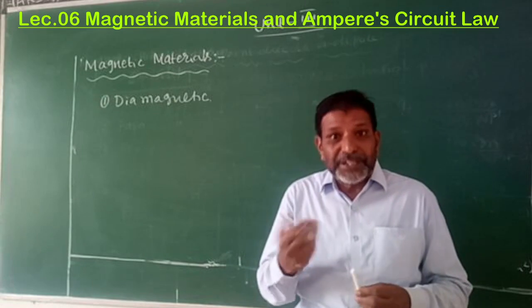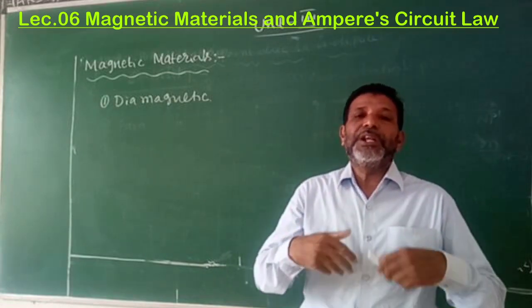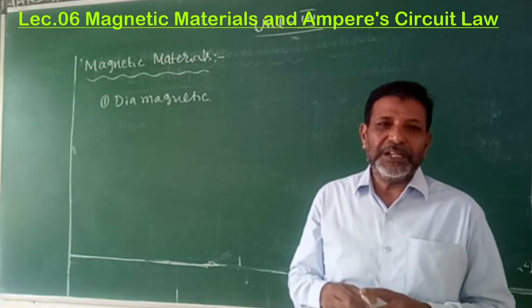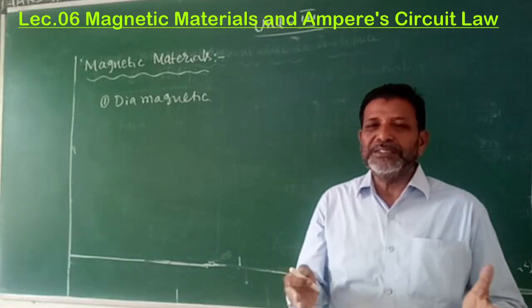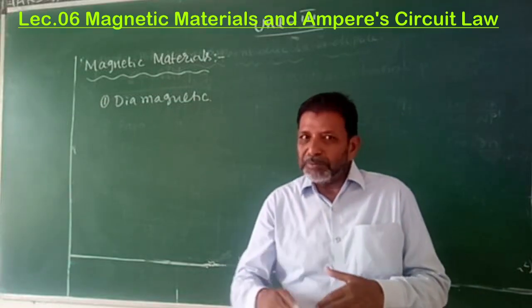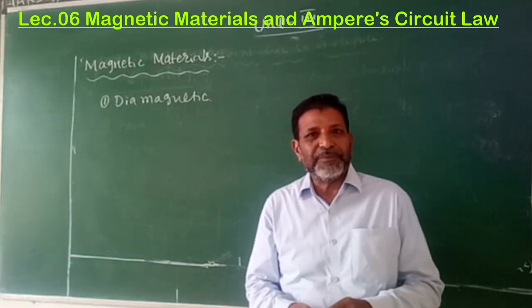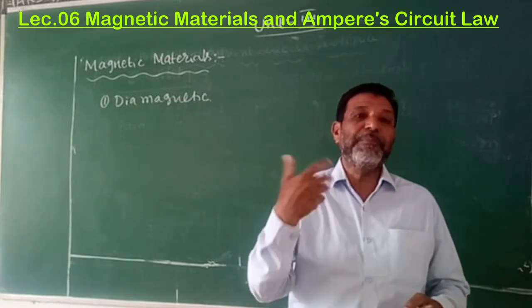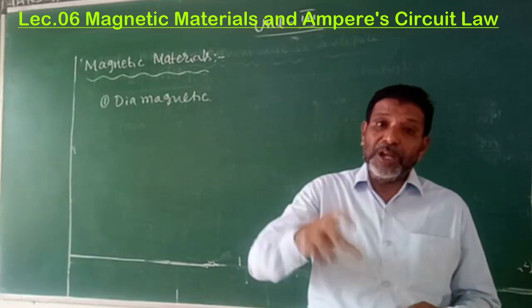And there are some materials which do not at all exhibit magnetic property, like rubber and wood, and other materials of this type. They never exhibit any magnetic property. Why?